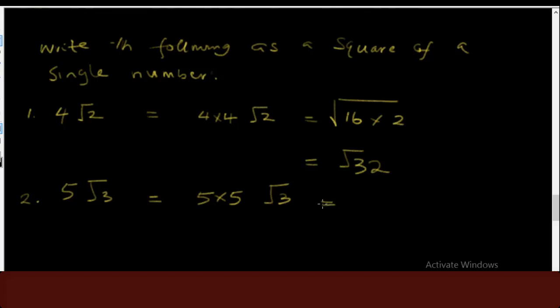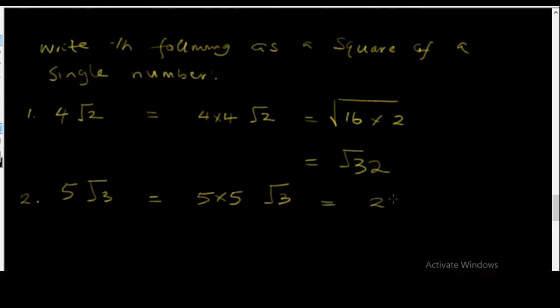So this will mean 5 times 5, that's 25, times 3 under the surd of the whole number, which is equal to 25 times 3, that is 75. Surd 75. Alright, let's take one more example now.